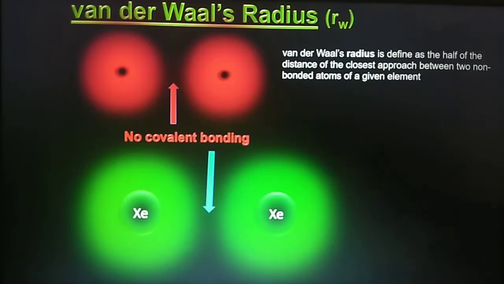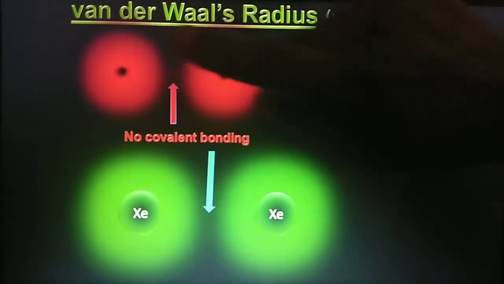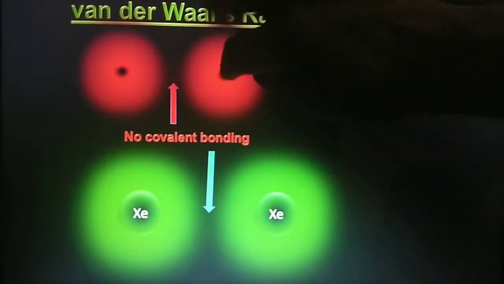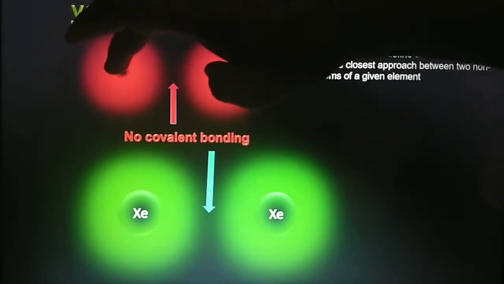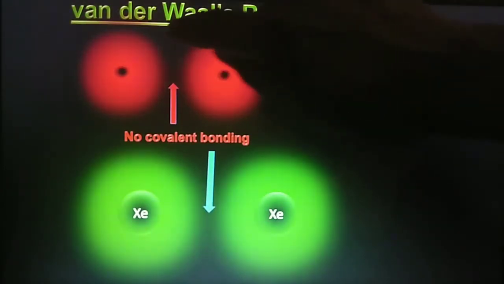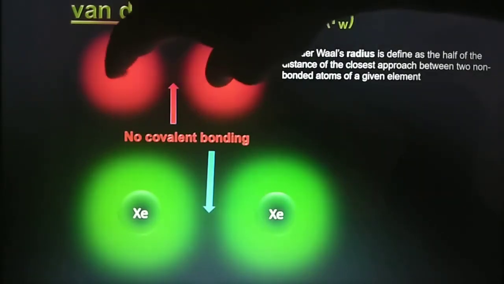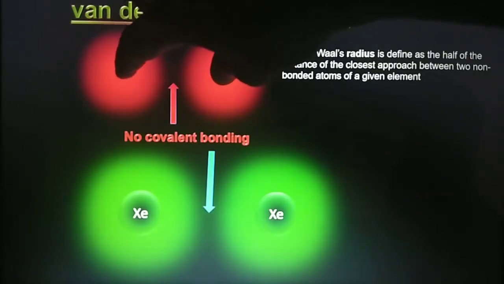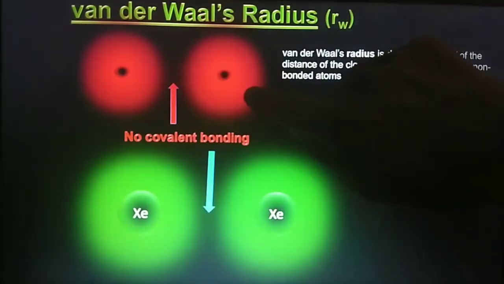Now here is a very simple concept: if they were covalently bonded, then they would have come much closer to each other than in this situation, and therefore the distance between the two nuclei must be much less in the bonded state as compared to this state.